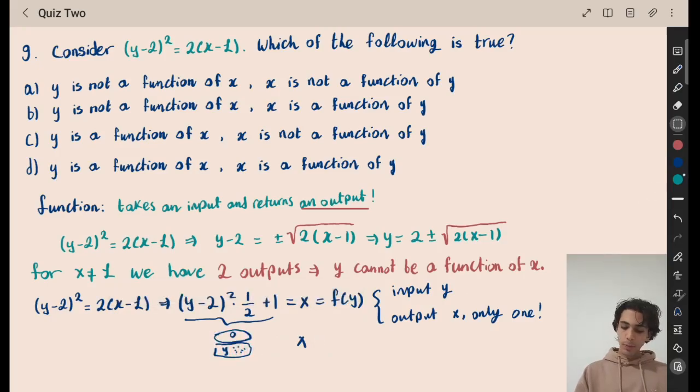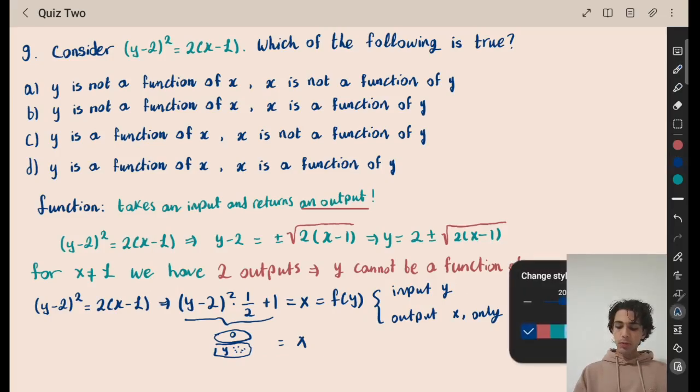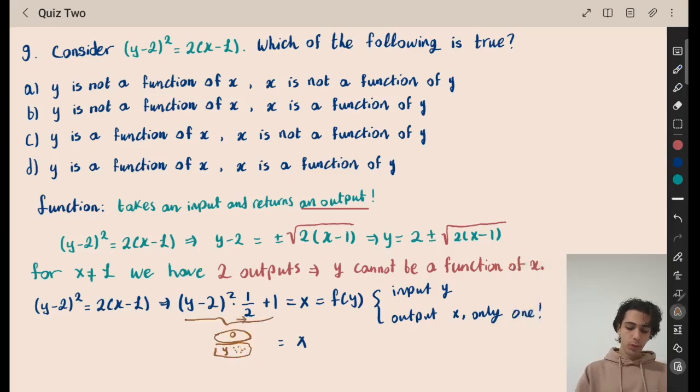And then if you can prepare it in this way, then you have your function. X is a function of y, but y is not a function of x.